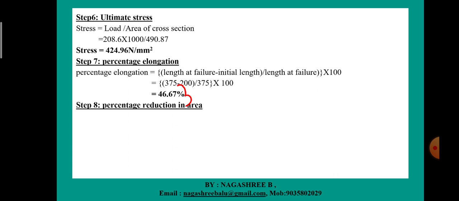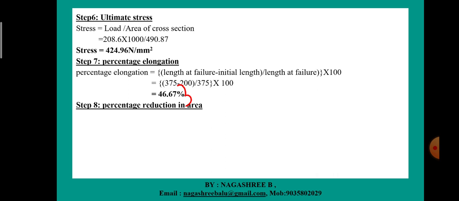So next is percentage reduction in area. As I said in the beginning of the problem, as the load is applied along a dimension, the dimension along the load applied will be increased when it is subjected to tensile load, and the dimension perpendicular to the load application is decreased.